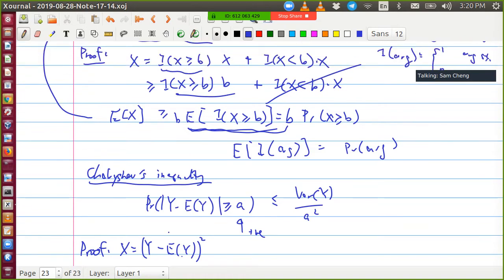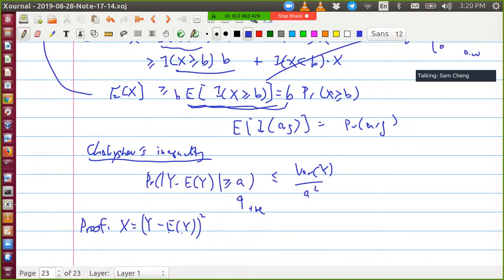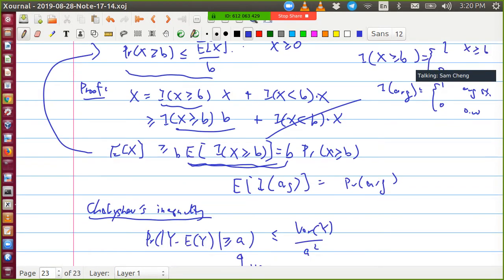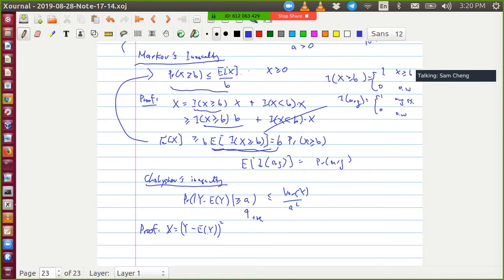If we take x equal to that, then we can use the Markov inequality. It says the probability that y minus expectation of y, squared, is bigger than or equal to b is less than the expected value of y minus expected y squared, which is the variance, over b.